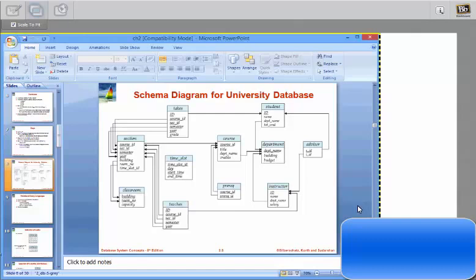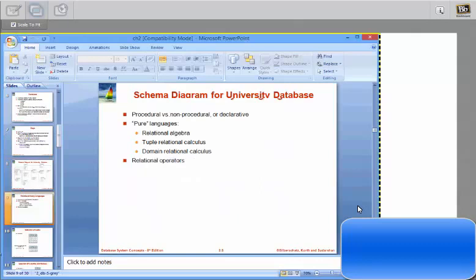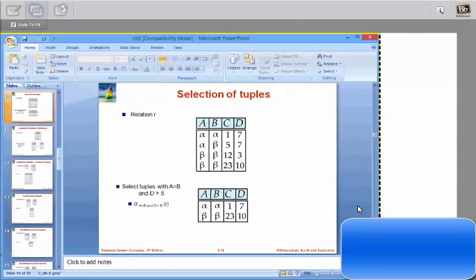Okay? So go through this diagram as well. And relational algebra is a very, very important thing. Okay? Here these are the examples, but instead of these examples, go to the book.